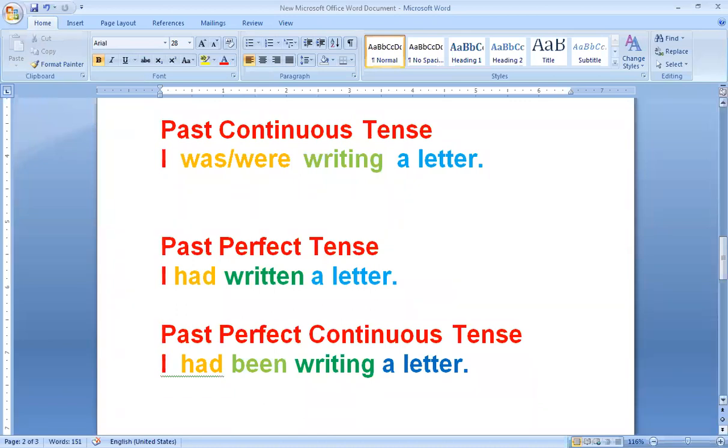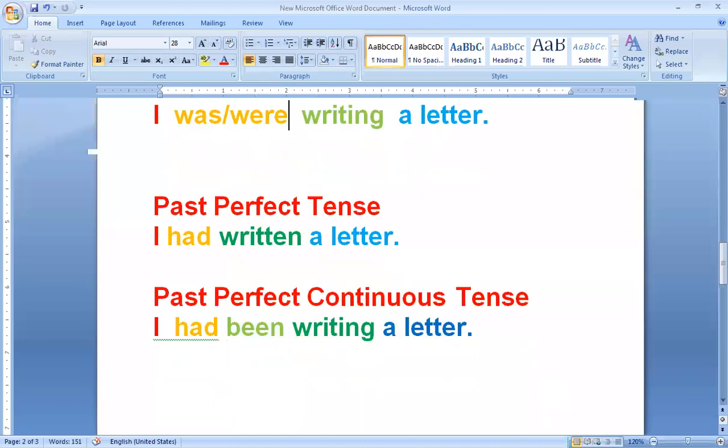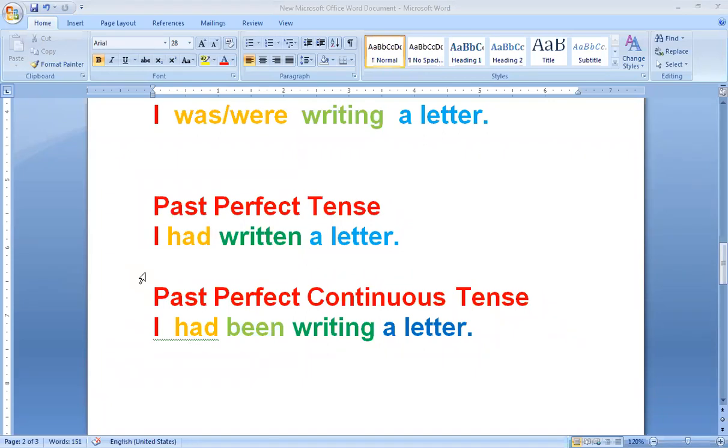For example, I had been writing a letter. No matter whether the subject is singular or plural, we have to use here had. I had been writing a letter. She had been reading a novel.